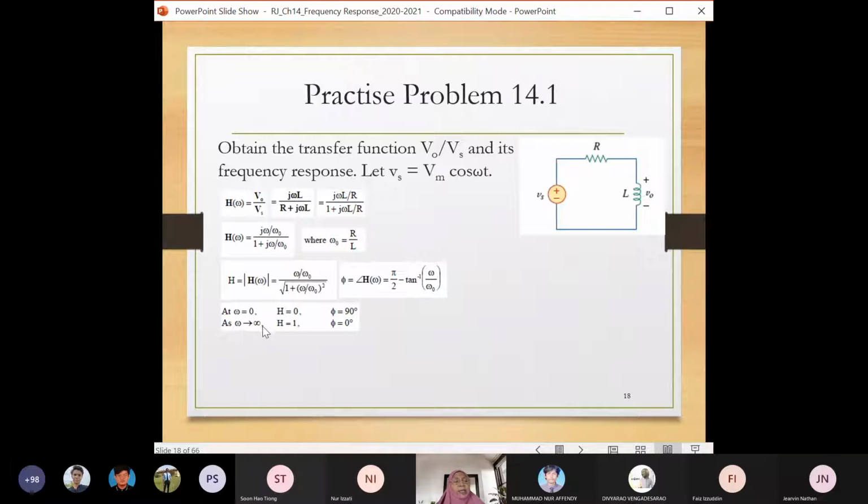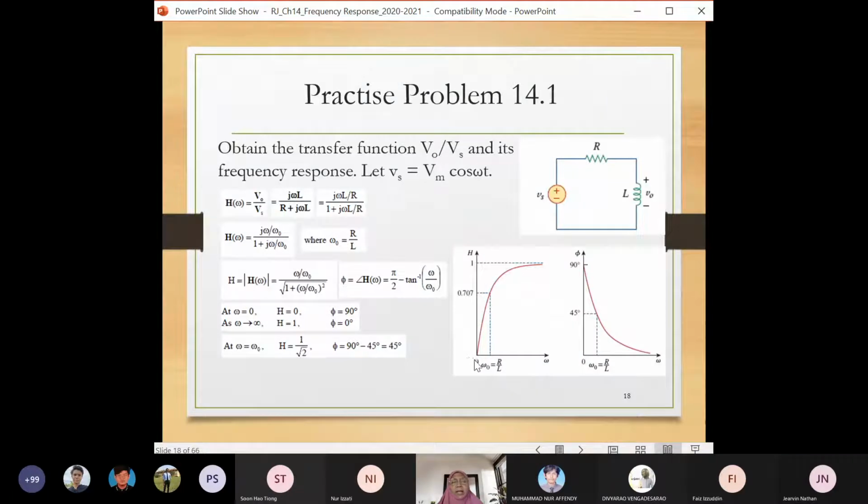As omega increases to infinity, H approaches 1. The phase angle at omega 0 is 90, and as omega approaches infinity it becomes 0. At the resonant frequency, H is equal to 1 over square root of 2, which is 0.707 or 70% of the magnitude, and the phase angle will be 90 degrees minus 45, which is 45 degrees.